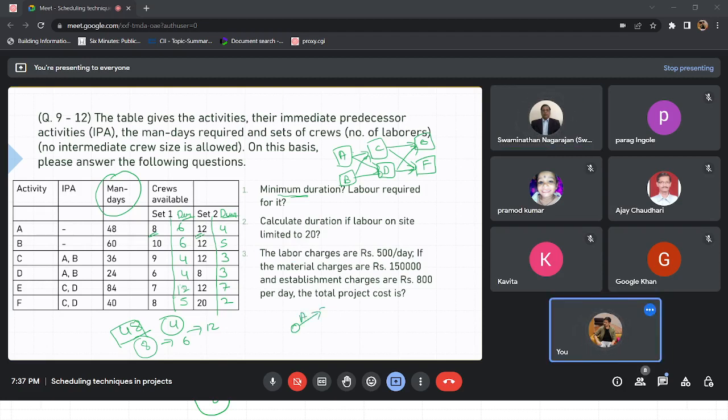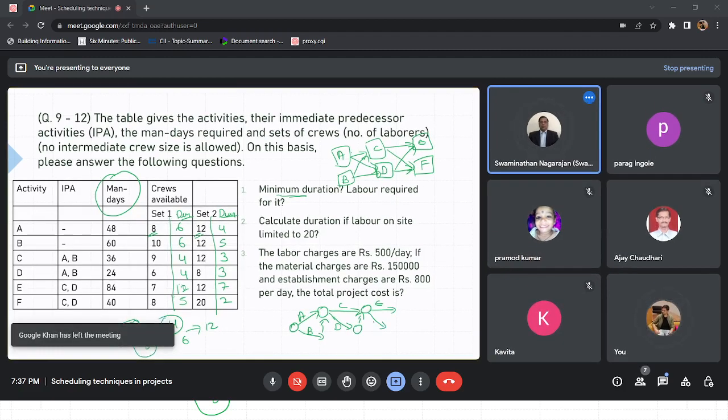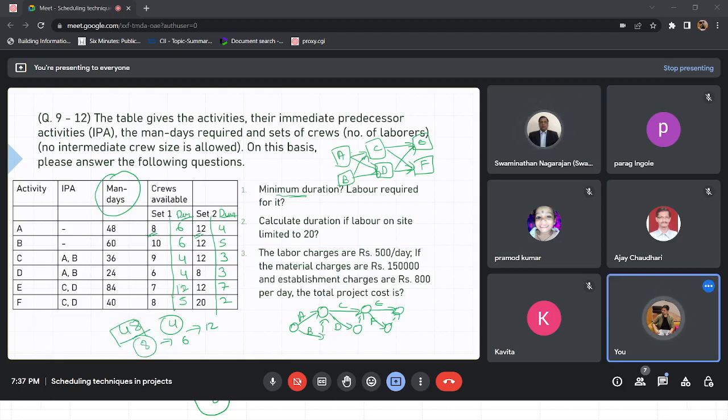You will see that here itself we will have a dummy. Similarly for E and F, three additional dummies. And this dotted line kind of doesn't give the psychological feel of something happening. I think that's why the world has moved to AON today.